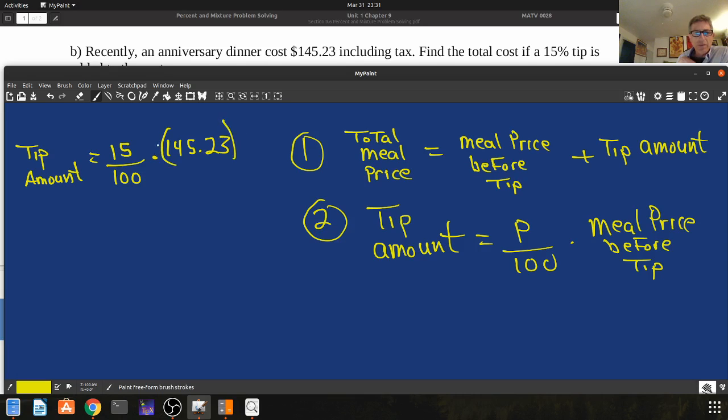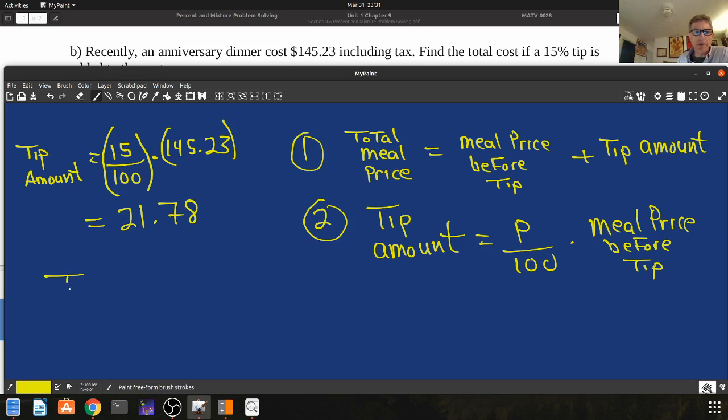Sometimes I don't like using the dot so much when I use decimal numbers because there's too many dots going on. And I'm absolutely fine that you break out your calculator for this one. Why? Because you want to do it right. So the tip amount actually turns out to be $21.78. That's our tip amount.